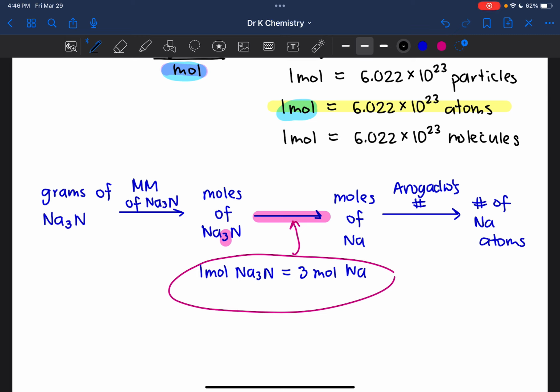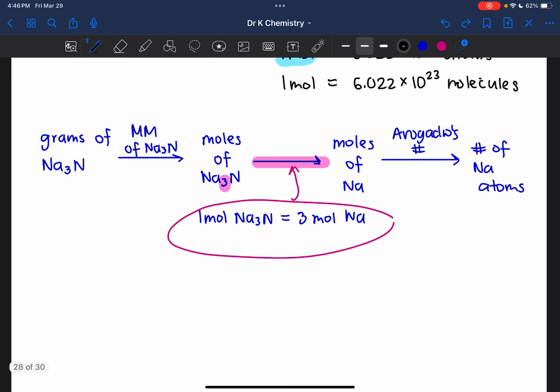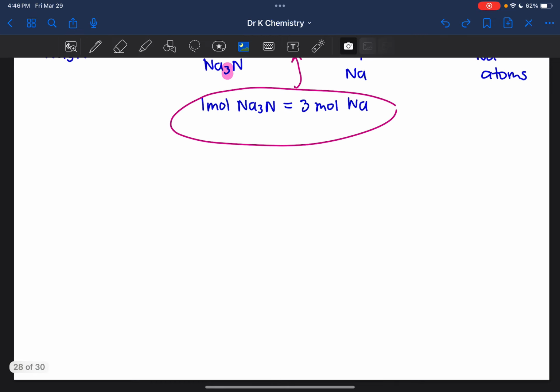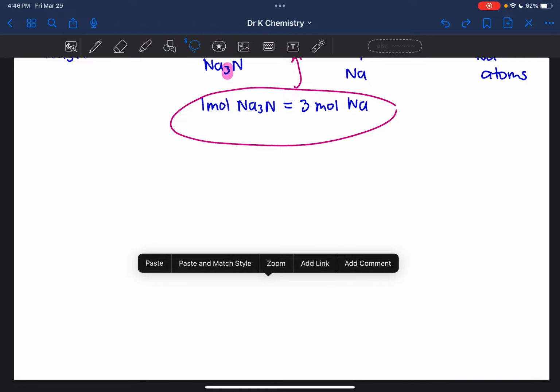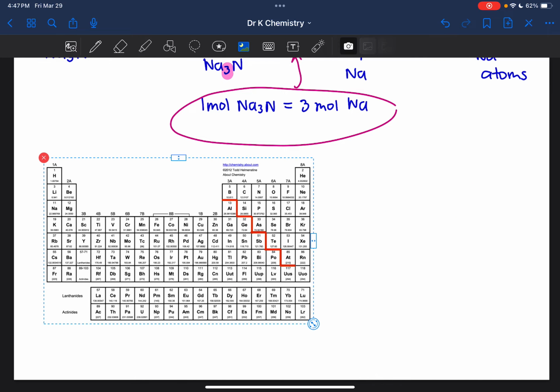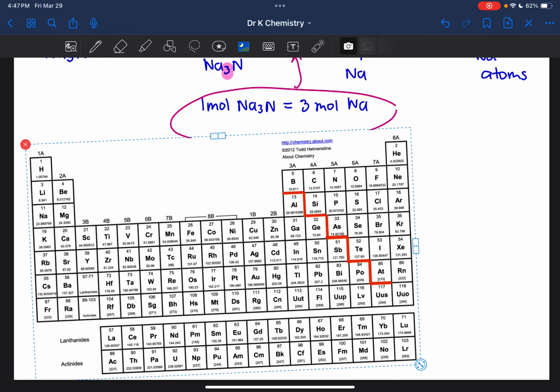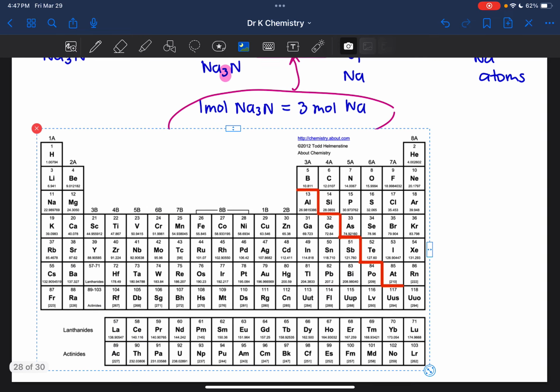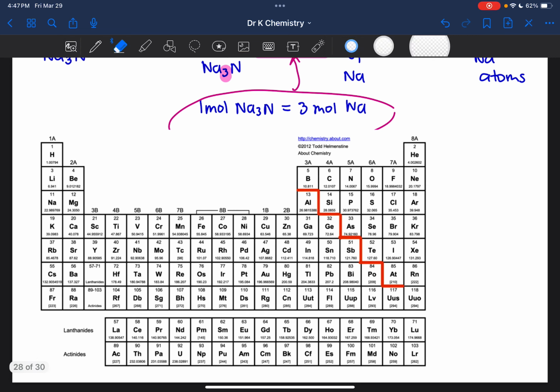Okay, so it looks like here I am going to need the molar mass of sodium nitride, which means, well, I have to calculate that. So I'm going to bring in my periodic table, which I got rid of. Here we are. So I need the sodium atom.